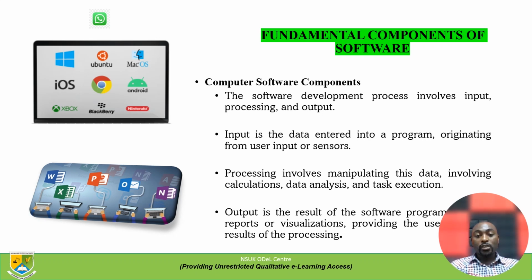And then processing involves manipulating this data that comes from the input, involving calculations, data analysis, and task execution. Output is the result of the software program. So you can see them in form of reports or visualizations, thereby providing the user with results of the processing.